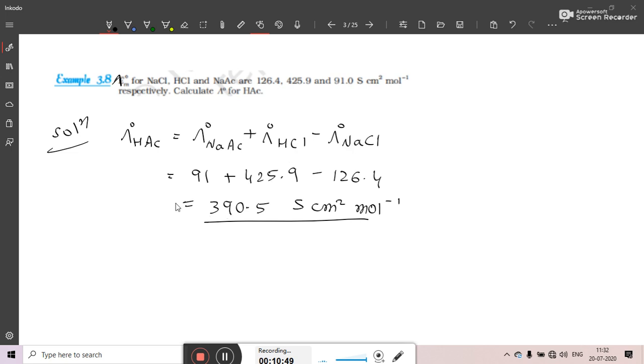So lambda naught of sodium acetate is the last value, that is 91, plus lambda naught of HCl is the second value, that is 425.9, minus lambda naught of NaCl is the first value, that is 126.4. So that will be equal to 390.5, and the unit of lambda naught is Siemens centimeter square mole inverse.